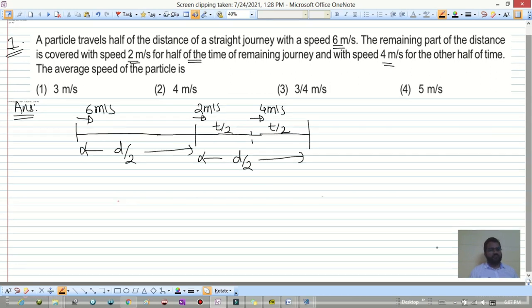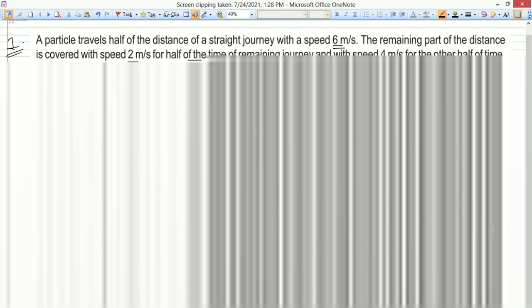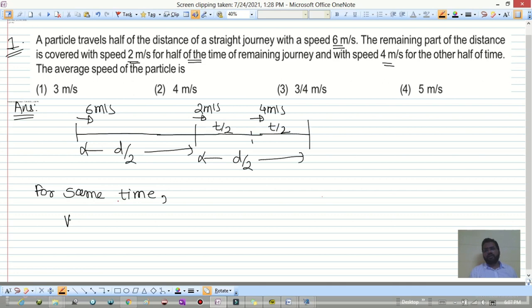So we know that for the same time, the average speed is v1 plus v2 divided by 2, which is equal to 2 plus 4 divided by 2, that is 6 by 2, that is equal to 3 meter per second.